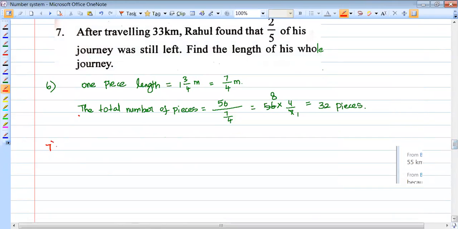Question number 7. After traveling 33 kilometers, Rahul found that 2 by 5 of his whole journey was still left. Find the length of his whole journey. The actual distance covered in fraction is equal to 3 by 5.